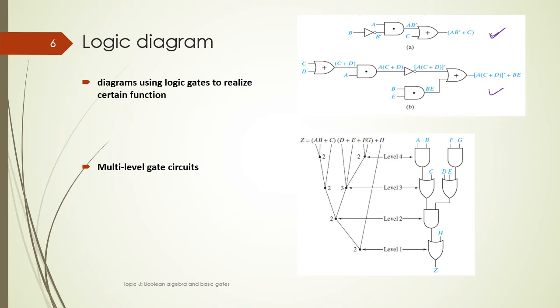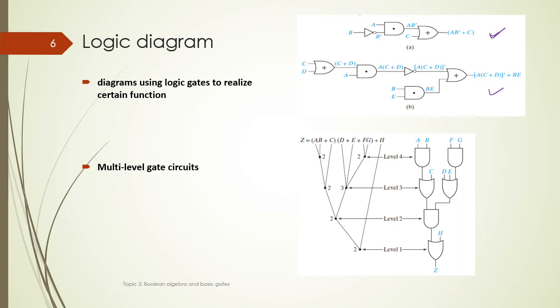Also, we have different levels in the logic diagram. Basically, the more levels we have, the slower the circuit we get. Or we say the delay of our circuit is bigger if the levels are more.